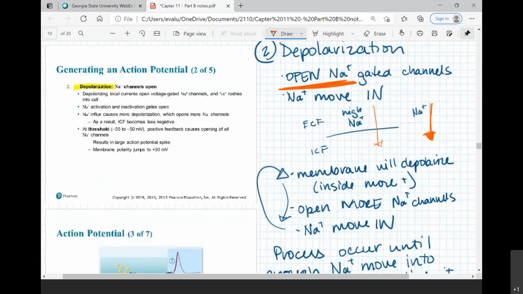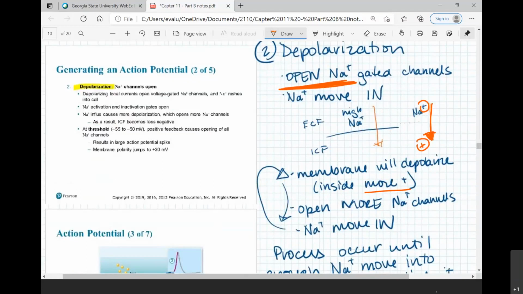If you have sodium moving into the cell, you are taking a positive ion and moving positive ions into the cell. The inside is going from a negative to a more positive.